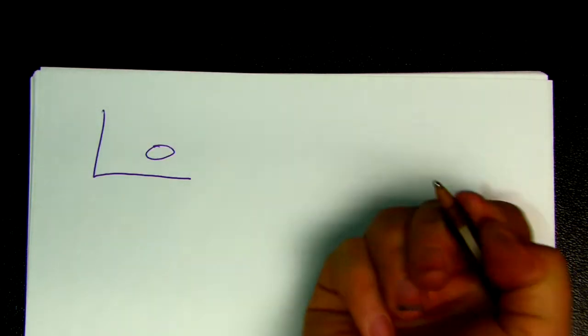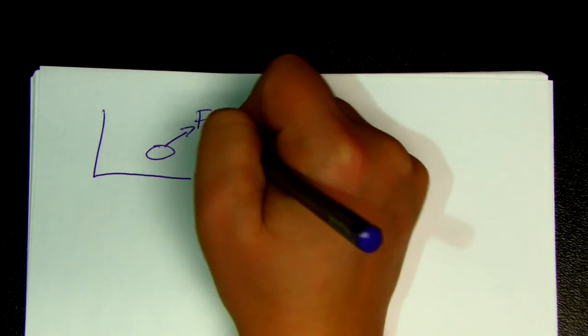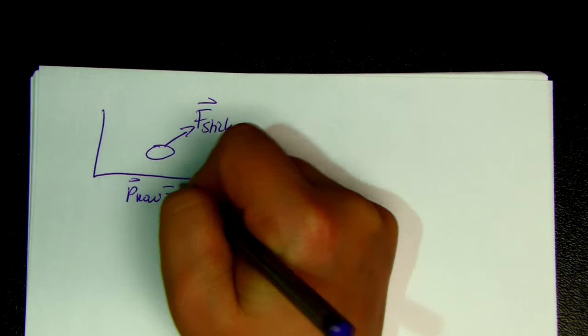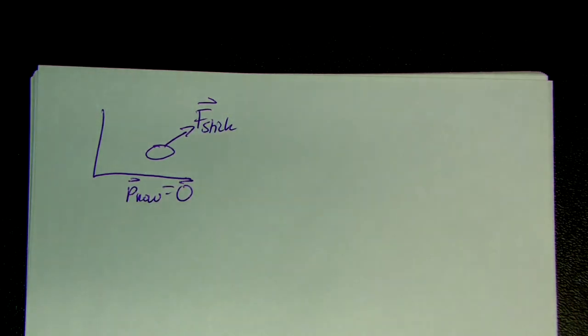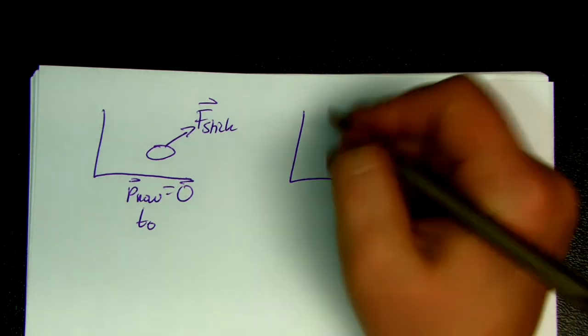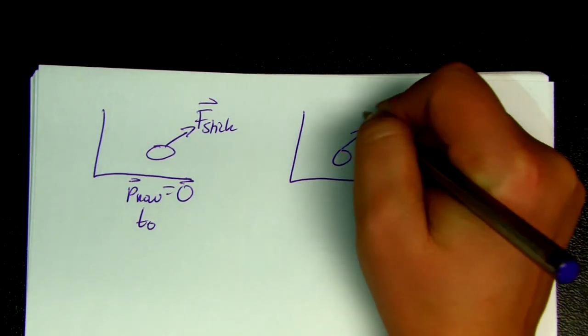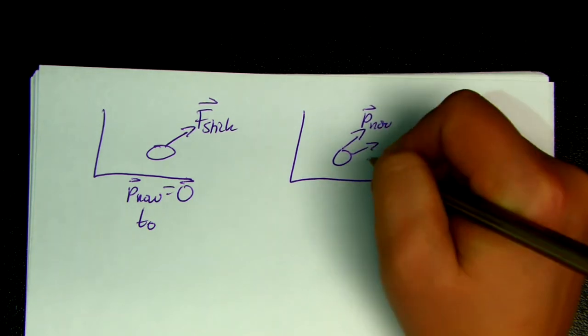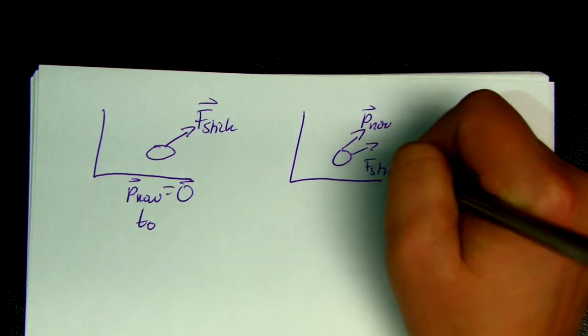For example, let's say we have a hockey puck and it's being struck with a stick. In the very moment of impact, the initial momentum is going to be 0, and we're looking at time t naught. Then the puck is going to start to take off, and the force from the stick is going to start to decrease.